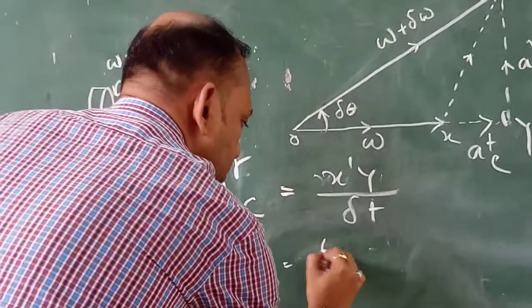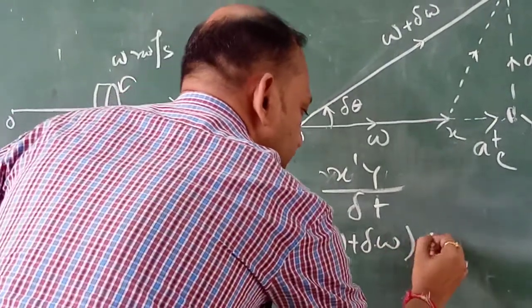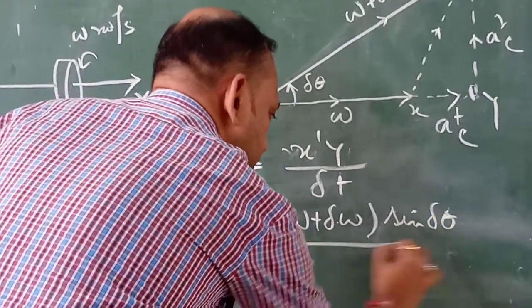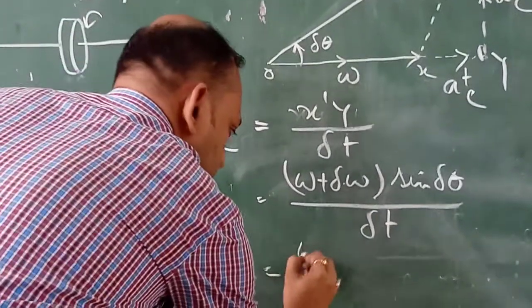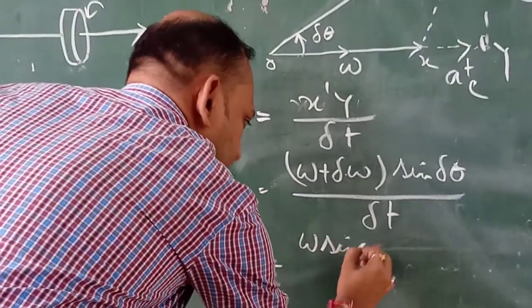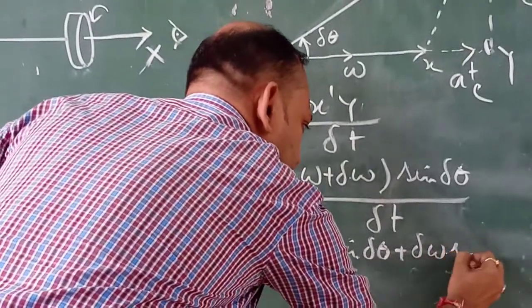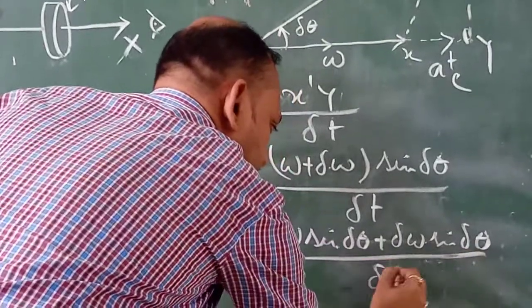So that is omega plus del omega sin del theta divided by del t. So this is omega sin del theta plus del omega sin del theta divided by del t.